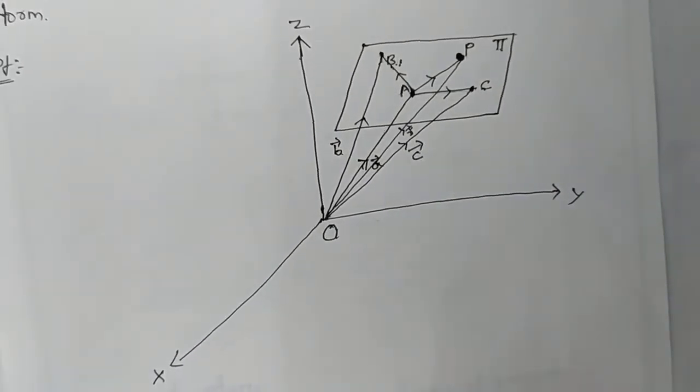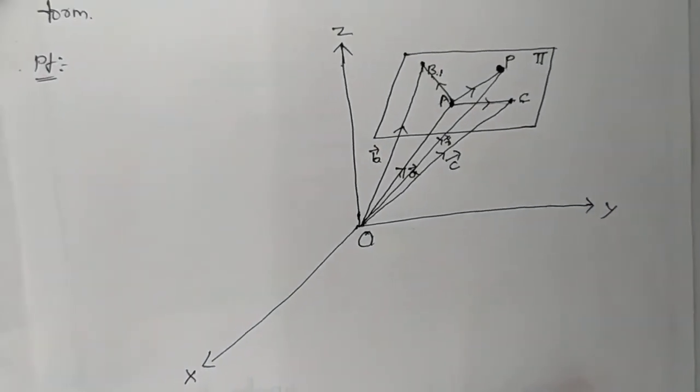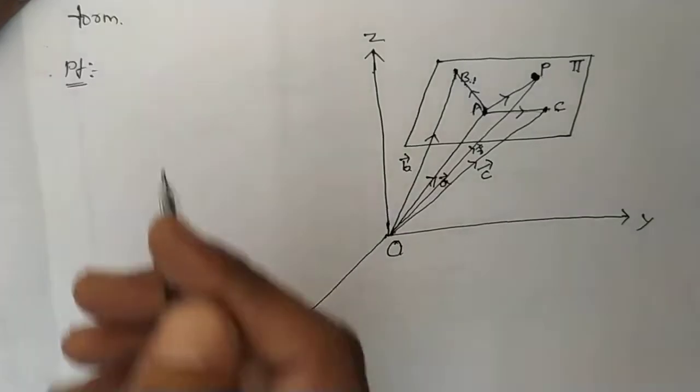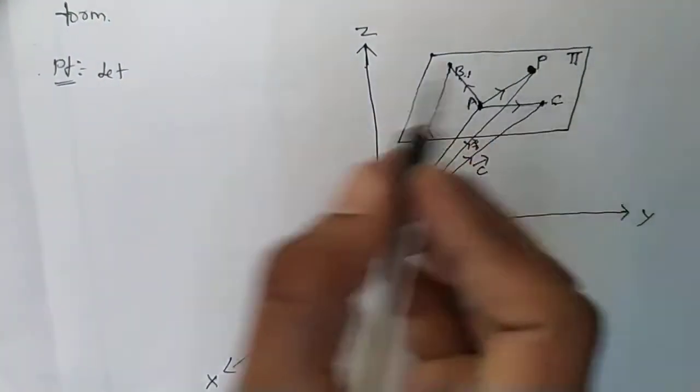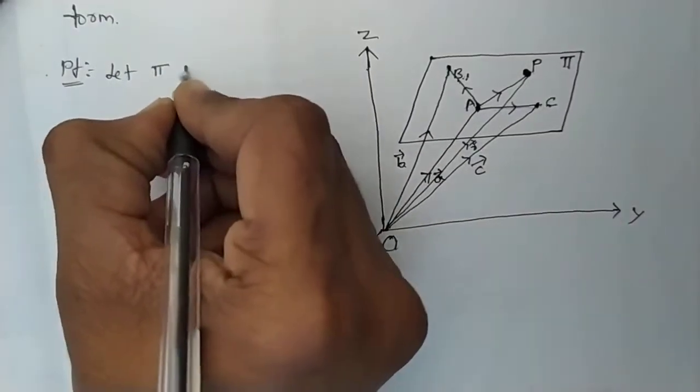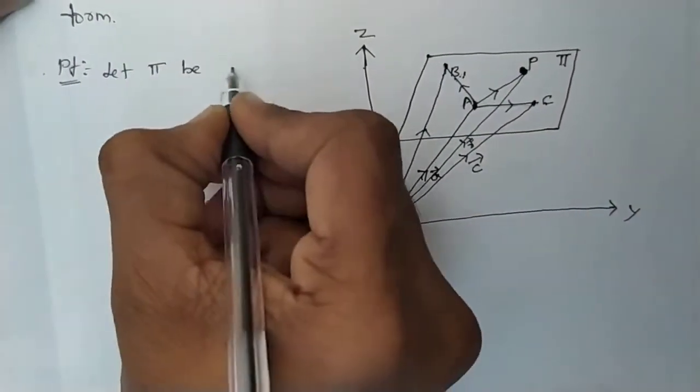You have to imagine. Let us write down the explanation of this diagram. Let pi be a plane.